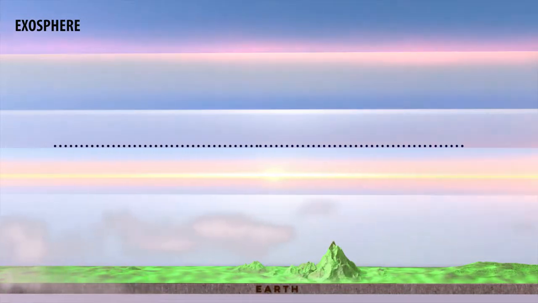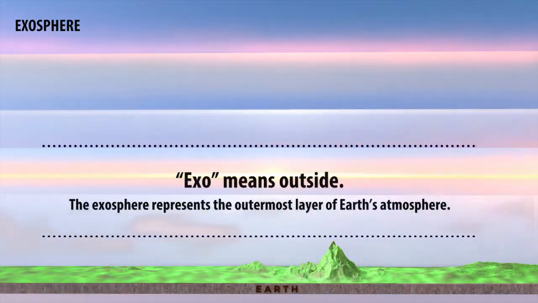The exosphere. Exo means outside. The exosphere represents the outermost layer of Earth's atmosphere.